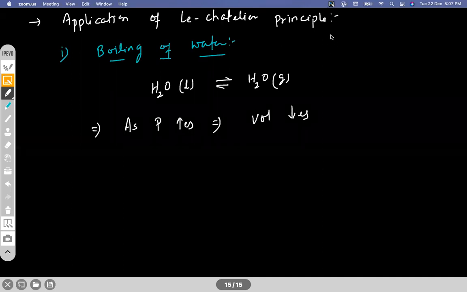Liquid, right? Liquid has lesser volume. Gas will occupy more volume, right? The volume of liquid is lesser. It means when you increase pressure, this will shift towards the lesser volume, means a backward shift we have. And when you have a backward shift, more water forms.